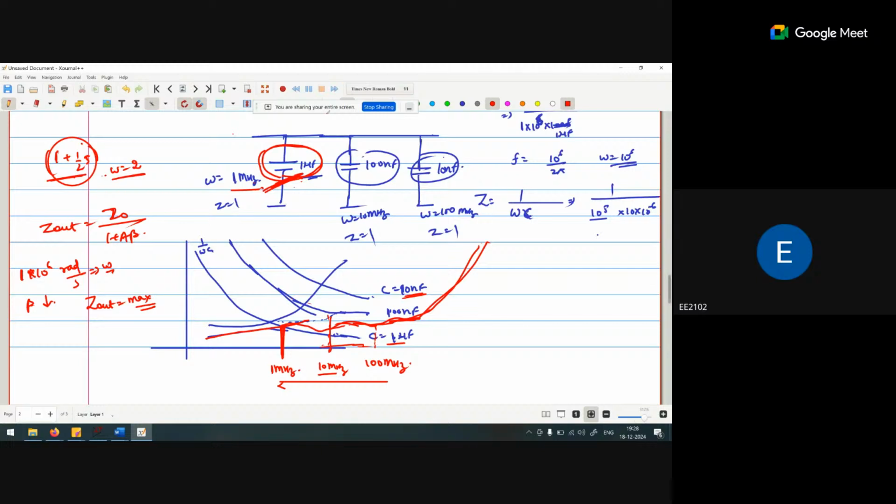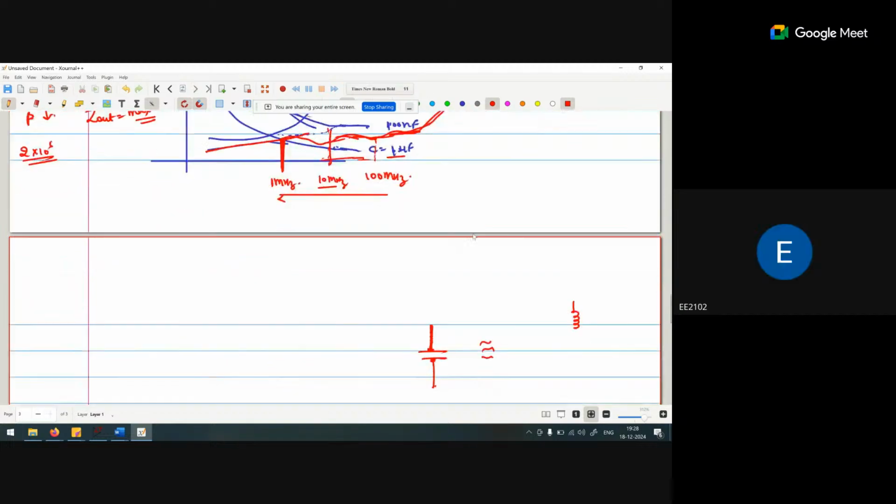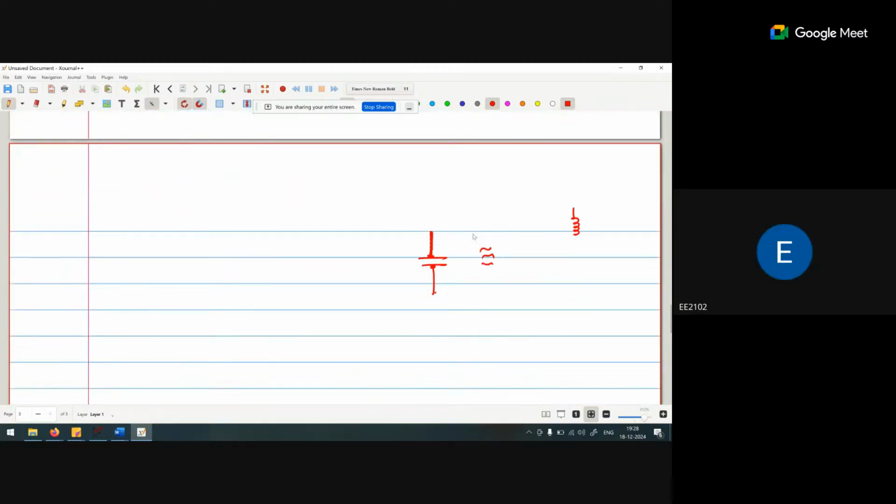But if I increase to 2 megahertz, what will happen? It will start increasing again. No, no, no, I just gave an example with this one. Like for example, this is my capacitor, and this is the wire.